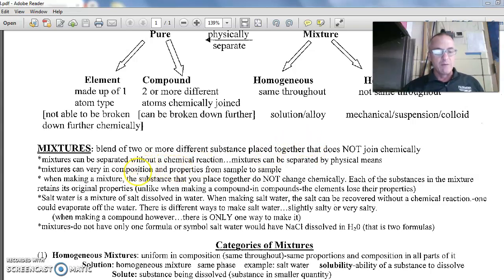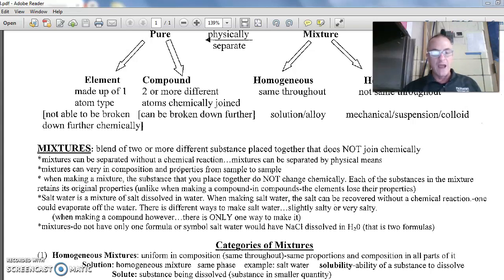Since mixtures are blends, mixtures can vary in composition. In other words, you are not required to put a mixture together in any certain proportions. And since you can do that, the mixture can vary in composition throughout. And as a result, your mixture can have differing properties throughout. Because when you make a mixture, the properties of each of the substances in that mixture are maintained.